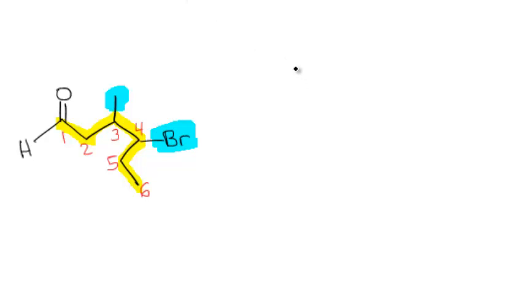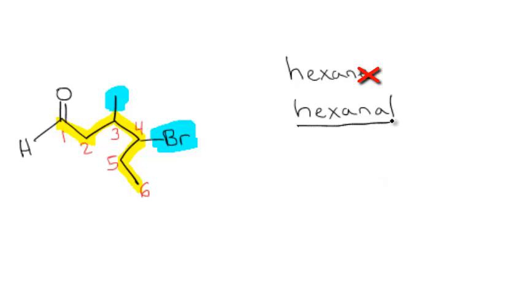So for naming, 6 carbon chain, if it's an alkane, would be hexane. Since we're dealing with an aldehyde, that drops the E and we switch over to hexanal. So this is the name of our parent chain. No need to put a 1 in front. It's implied that the aldehyde is at the carbon 1. So now we just need to name the 2 substituents.